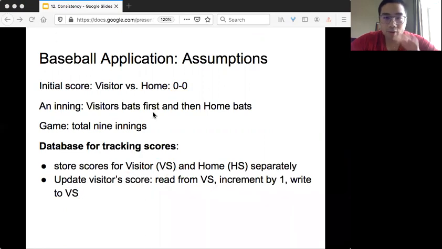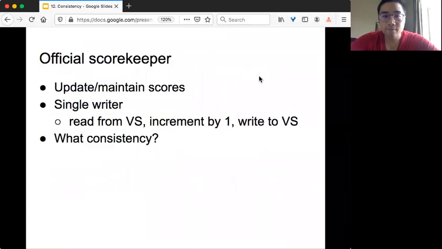Okay, so once you are comfortable with the application and the consistency model that we introduced in the previous slide and also in the Doc's article, now here are the questions for you. Suppose that we have referees or official scorekeepers. Then the main job is to update and maintain the scores for both the visitors and the home teams.